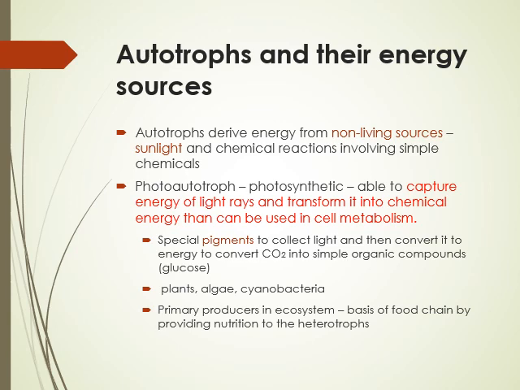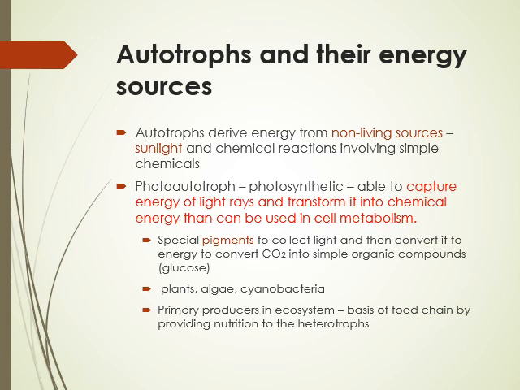Of course, you know about plants being the photosynthesizer, and algae and cyanobacteria are also important, especially in different environments. For plants, it's on land. But algae and cyanobacteria are the photosynthesizer and the source of food in other environments, for example, the aquatic environment especially.